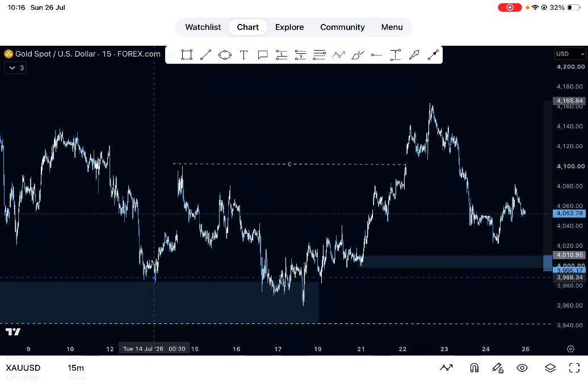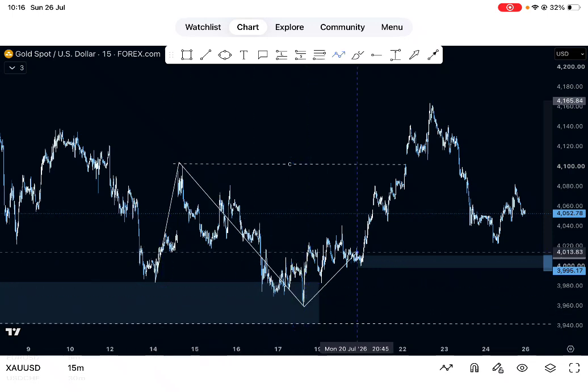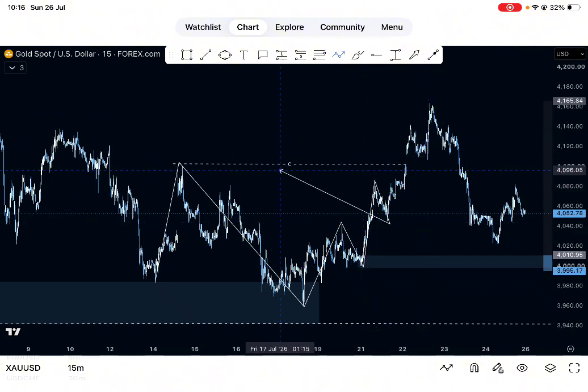Let's start from this low. This was a low, it made a high, and what happened? It got taken out and it continued making lower lows, lower highs. This was the internal structure till it broke this place.